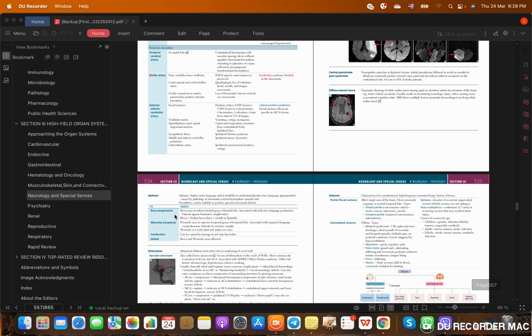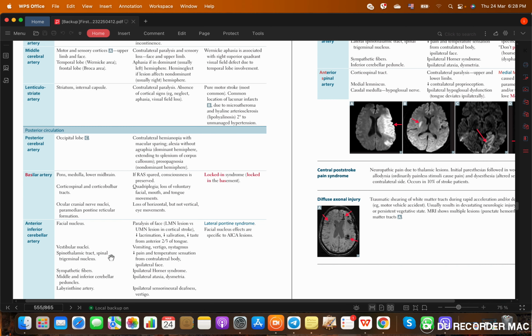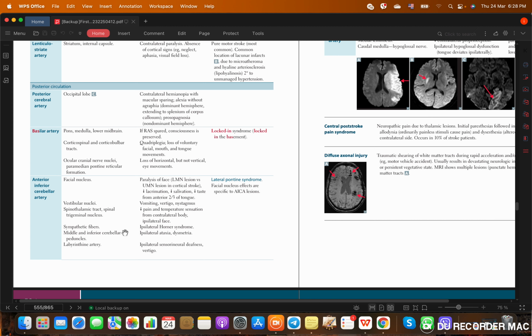Okay, so in today's class we are going to speak about posterior circulation stroke. For the sake of understanding what is posterior circulation, just try to remember what I have told you about the vertebral arteries. Vertebral arteries come from the subclavian and conjoin together to form the basilar artery. And the basilar artery, I told you that many vessels come out of it.